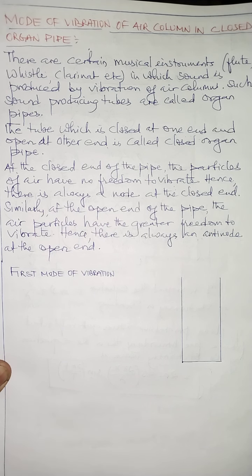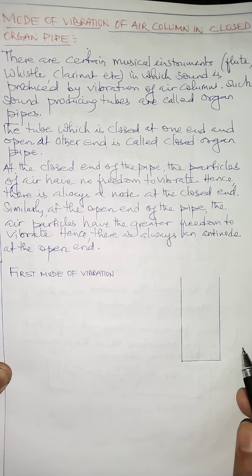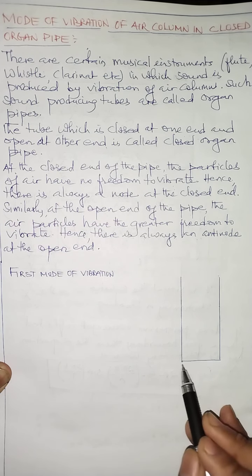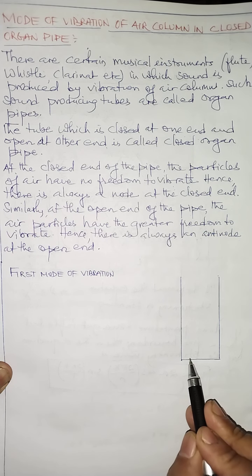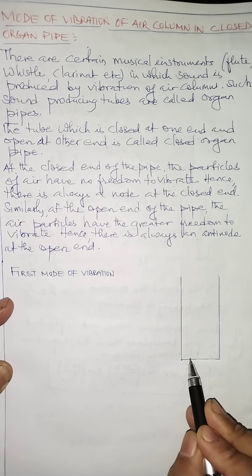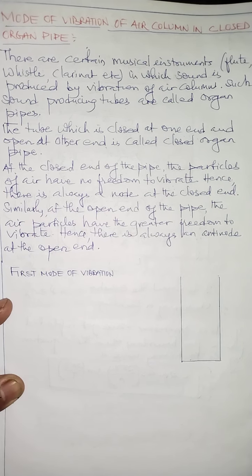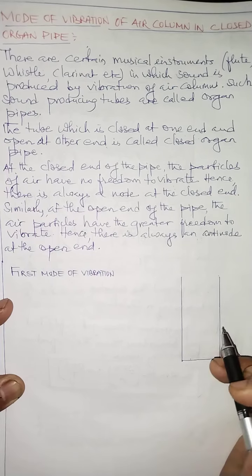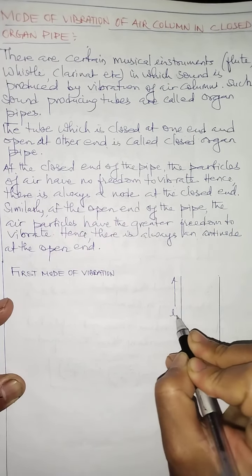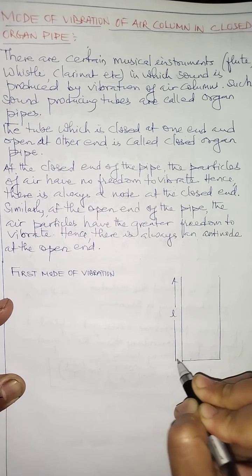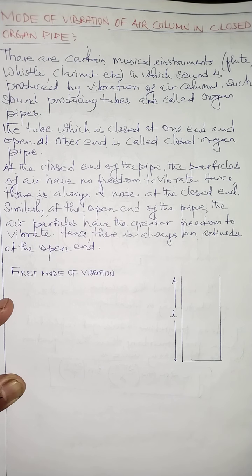Now for that, let me take an organ pipe whose one end is open. So this is a closed organ pipe, whose one end is open and the other end is closed. This is the closed end, and this is the open end. The organ pipe has a length, which I consider as L. The length of the organ pipe is the distance between the open end and the closed end.